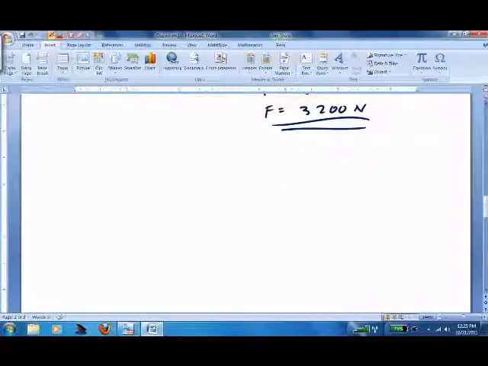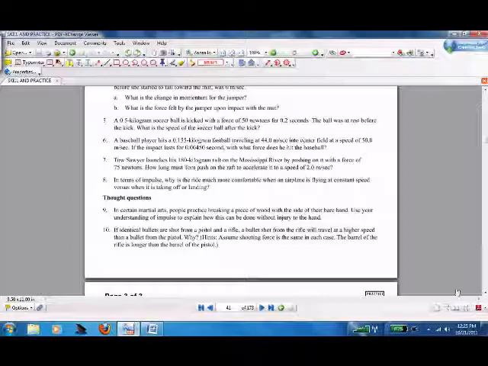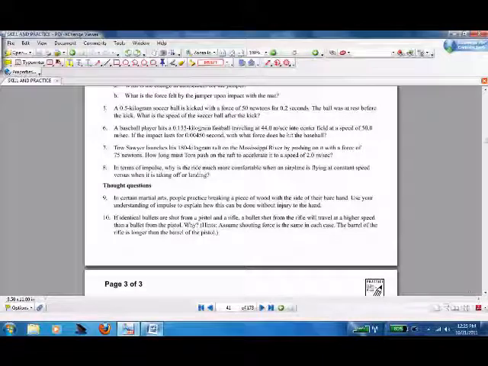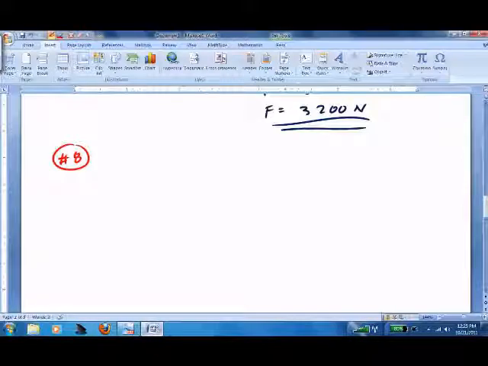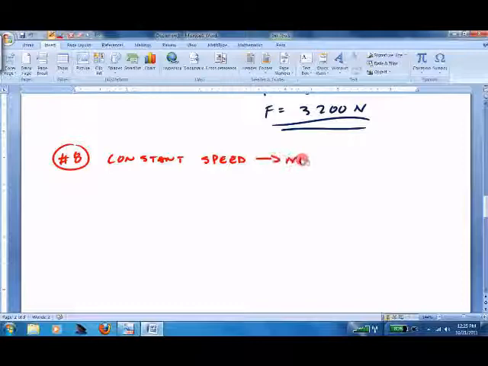Number 8. Tricky problems. In terms of impulse, why is a ride much more comfortable when an airplane is flying at constant speed versus when it's taking off or landing? So constant speed, we know that the net force equals 0.